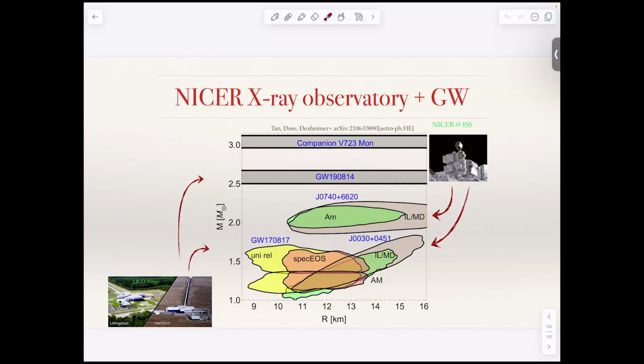And with the improvement of the interferometers, so this was the O2 measurement, and currently we are running O4 with better sensitivity.